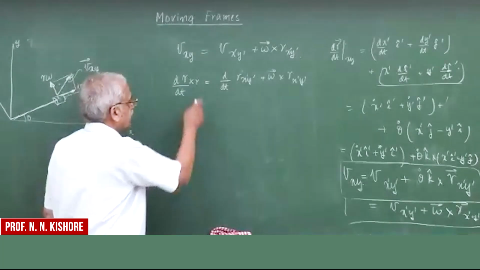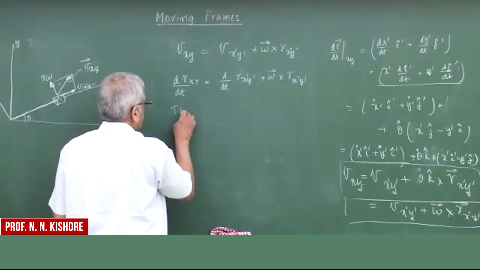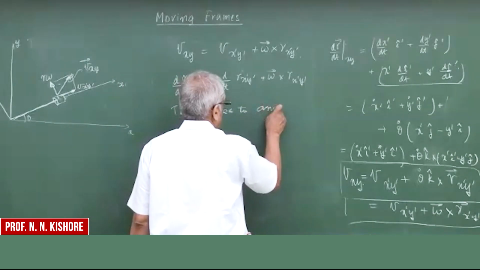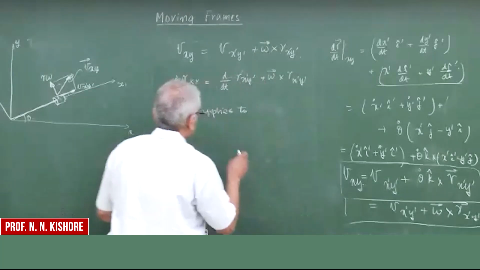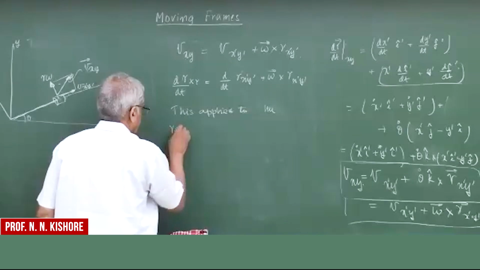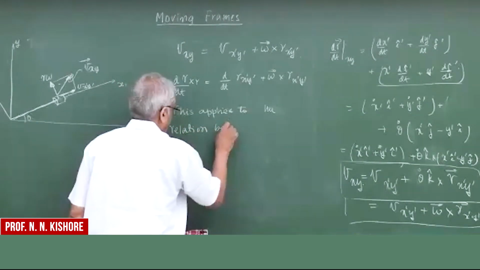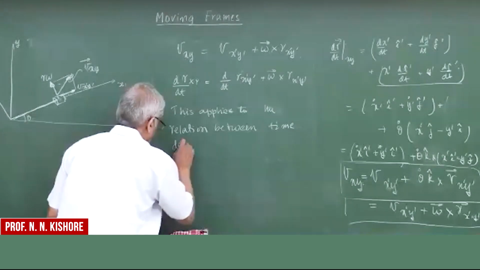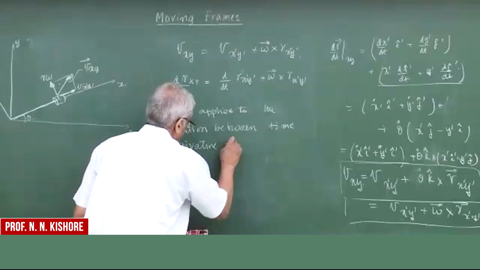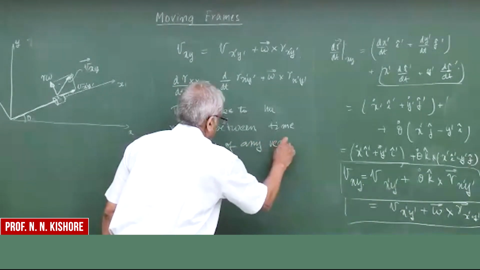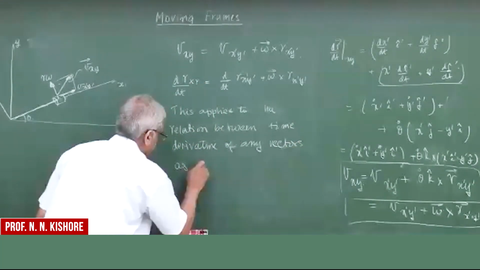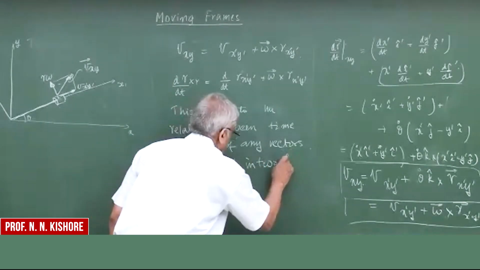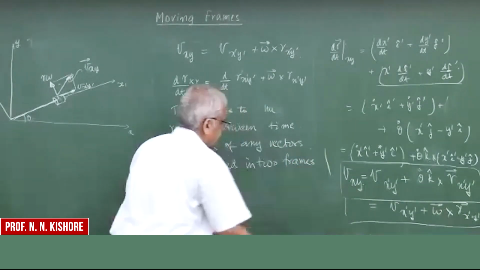So any vector that's observed here, this applies to the relation between time derivatives of vectors as observed in two frames. This is the important part.